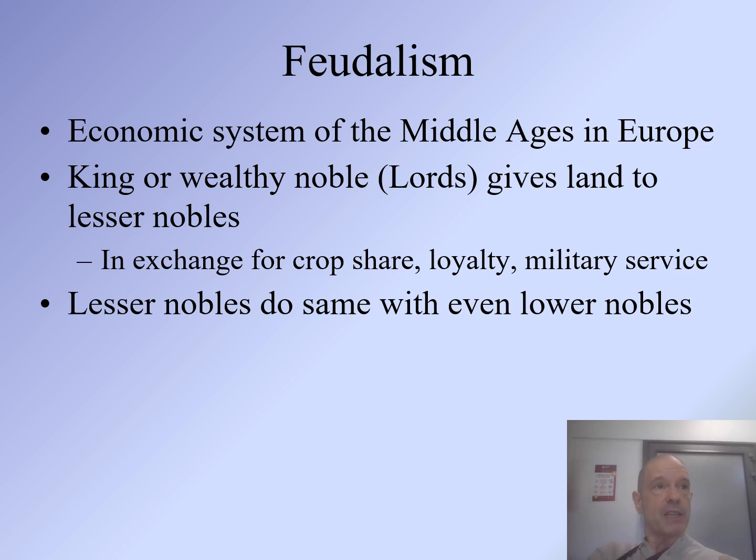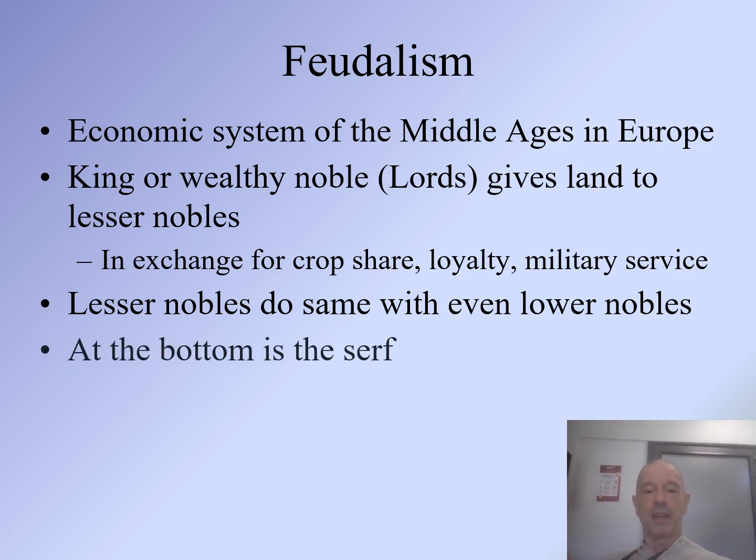Okay, you guys can take control of this smaller area, maybe Majan or Al-Barari or something, but you owe to me part of what you grow on it, part of the wealth that you create, and if I get attacked and I need loyalty, I need knights or military service, you're going to provide the people to do this. So it's basically, in a moment you'll see a pyramid that explains all of this.